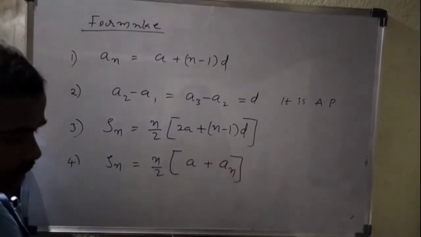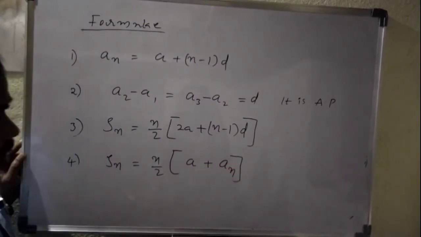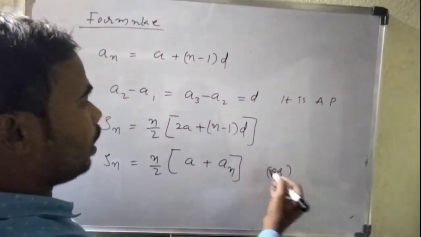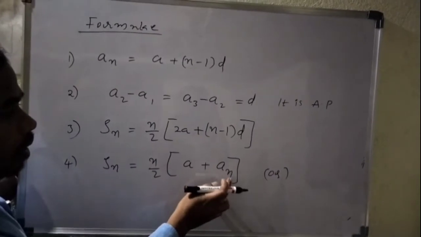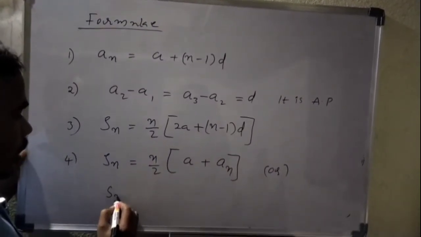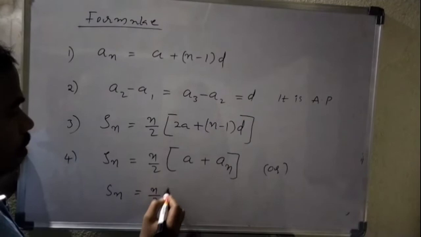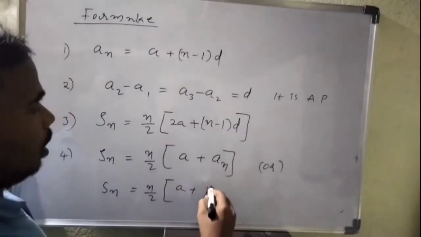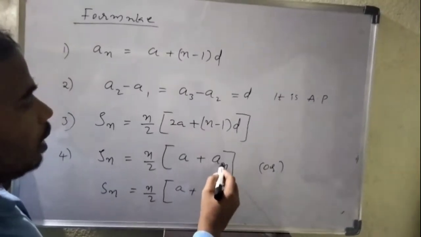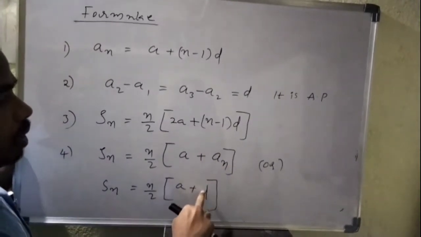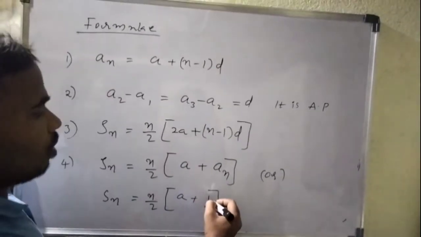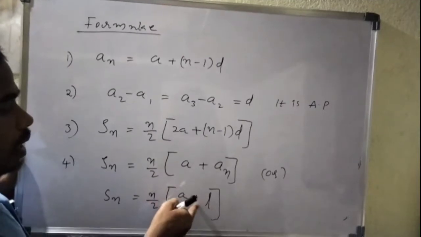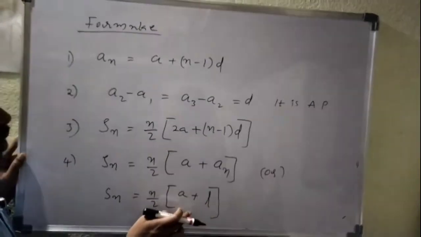A plus an formula is there. Or how can we write this? an is the last term, so Sn is equal to n by 2 of a plus l. If we mention the last term as l, the formula is a plus l. This formula we are using.